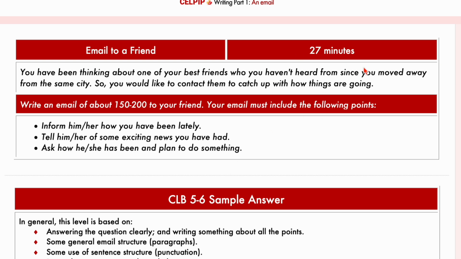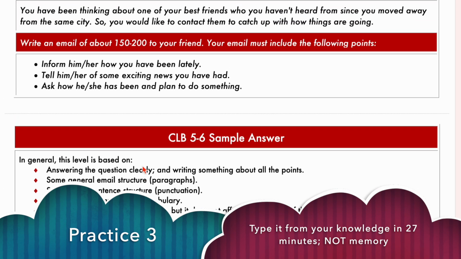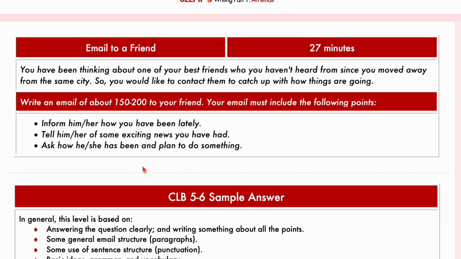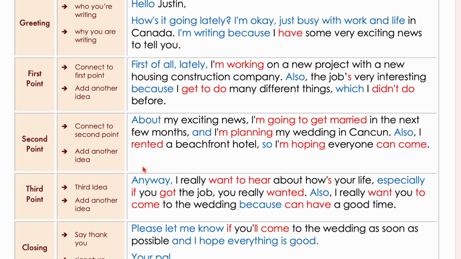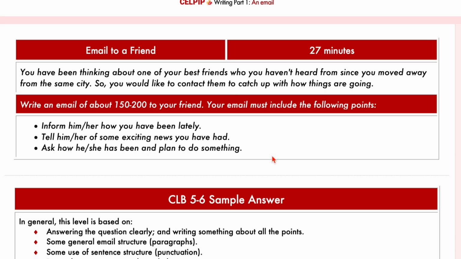In 27 minutes they can write the sample answer. Okay? Level 5s, maybe you have some problems in the beginning, but the more that you read, the faster that you can learn to write that email. Okay? So try to write the email by yourself in 27 minutes. That will be excellent practice. Okay.